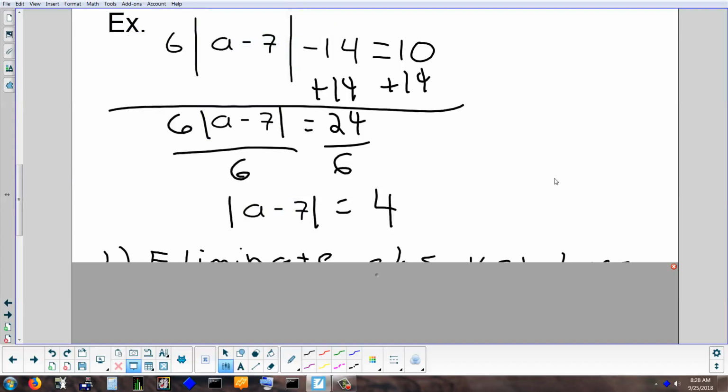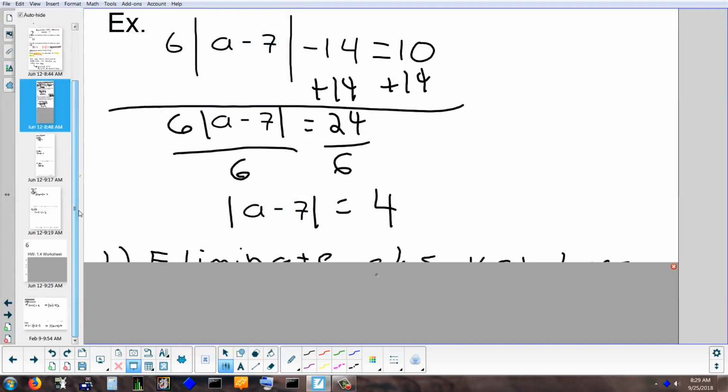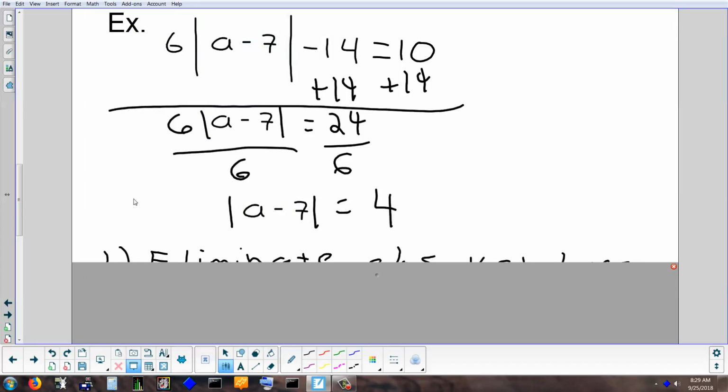So again, there's some situations where the absolute value bars may already be by themselves. There's nothing attached, there's no plus or minus a number, you can just go ahead and solve. But there's some of them where there may be, like I said, a number attached. There may be this. It could be this too. Something like that.